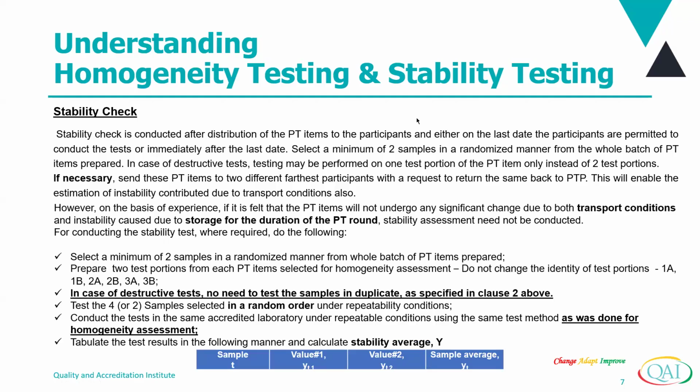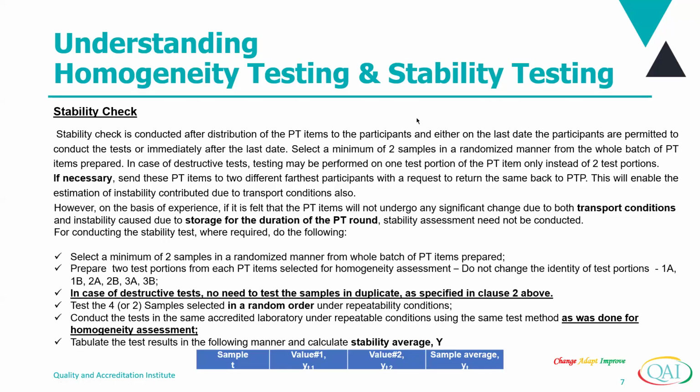Here we have a little bit more information about the stability check, where the stability is conducted after distribution of the PTIs, as I mentioned before, to the participants, and either on the last date on which participants are permitted to conduct the test, or immediately after the last date.